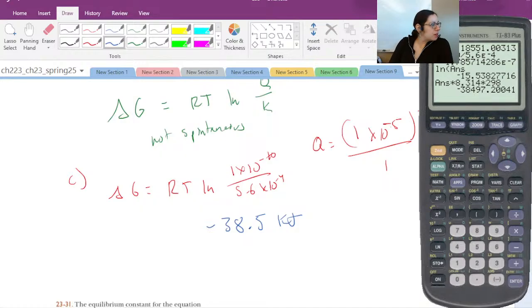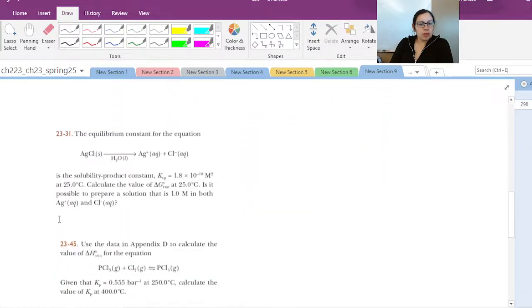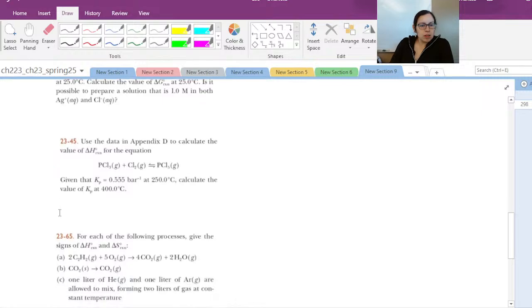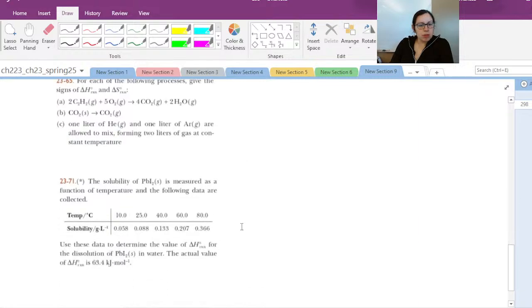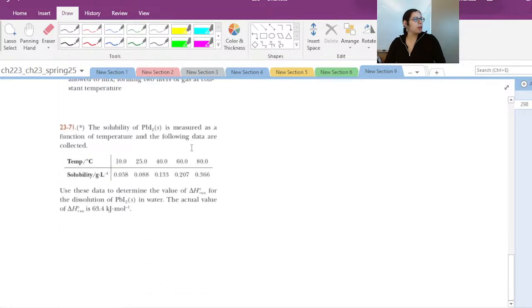So let's see what levels would be good. Sorry, I'm trying to figure out which one I want to do.